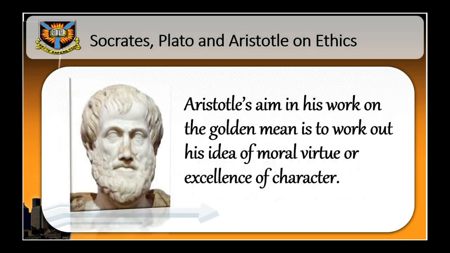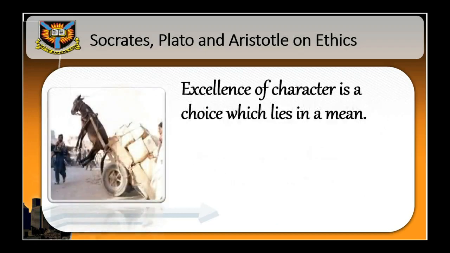Aristotle's aim in his work on the golden mean is to work out his idea of moral virtue or excellence of character. Excellence of character, for Aristotle, is a choice which lies in a mean.